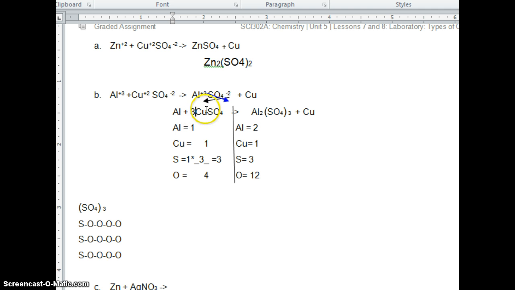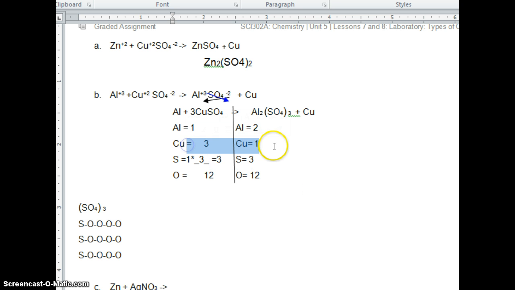So now how many coppers do we have on this side? Well, now we have 3. So we don't care that we had 1 before. We have 3 now. How many sulfurs? 3. And how many oxygens? 3 times 4 is 12. Hey, look at that. We have 12 oxygens on both sides. Are they equal? Yes. Are we done with oxygens then? Yes. We have 3 sulfurs on both sides. Are they done? Yes.